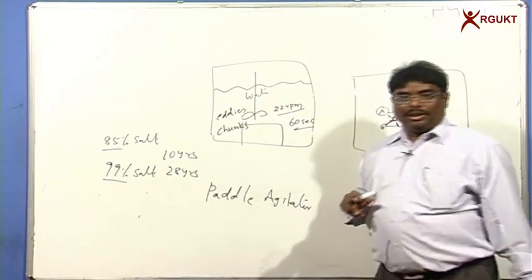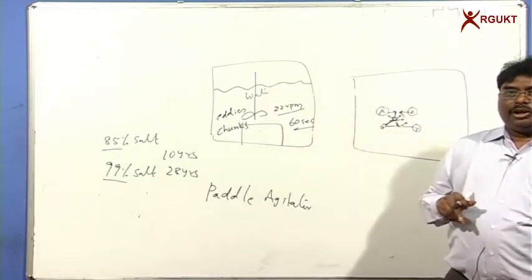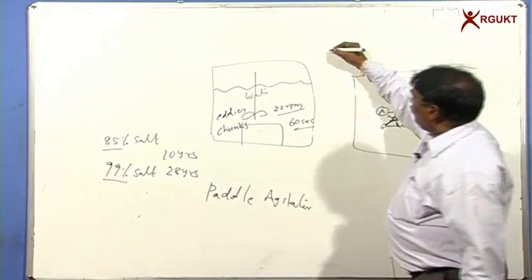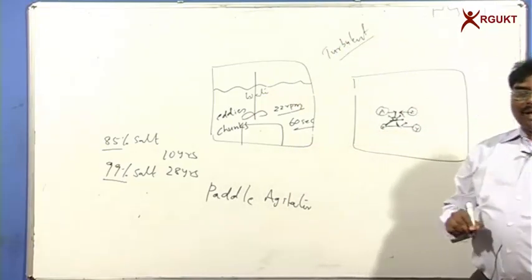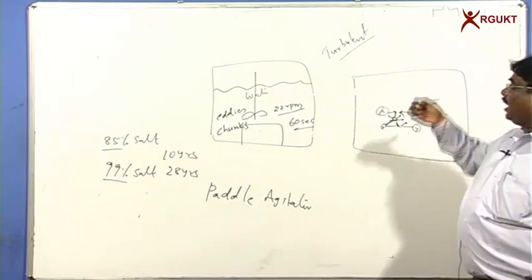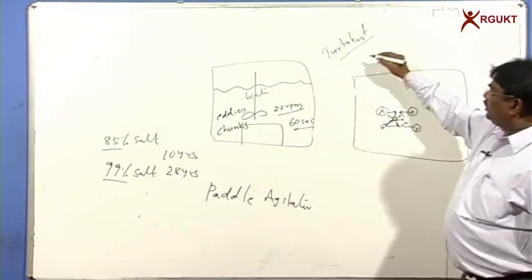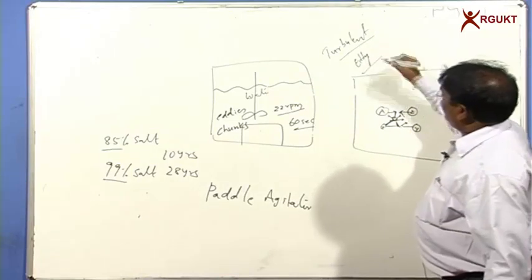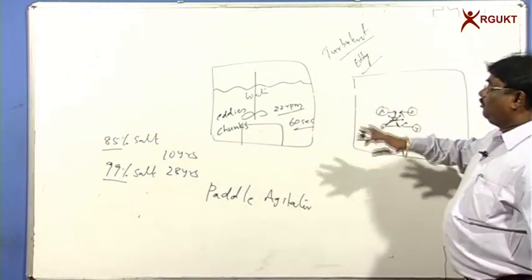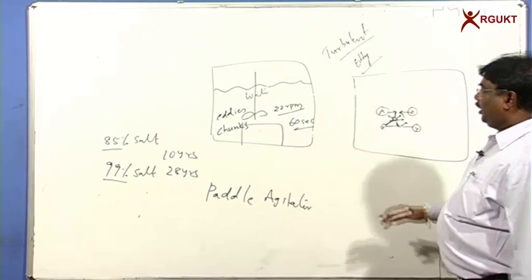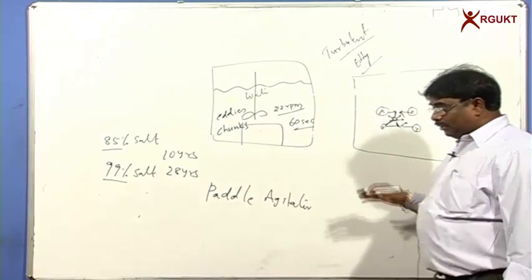That is the reason within 60 seconds we are able to get the uniform concentration, and this is what we call turbulent mass transfer, or eddy mass transfer. It is a very fast process. Within no time you are going to get the uniform concentration. So this is one example.